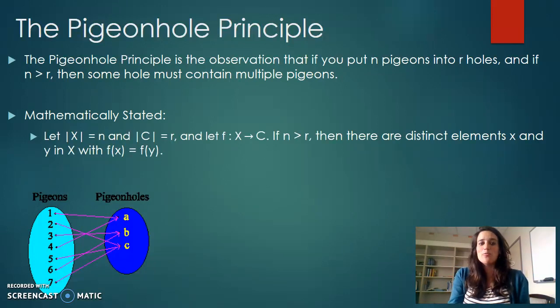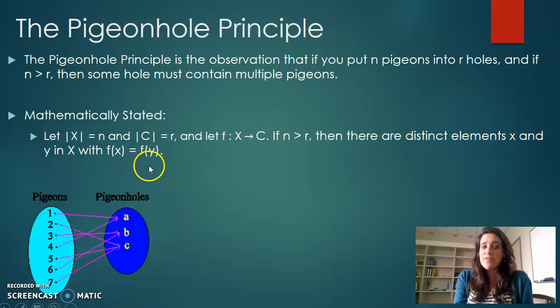Mathematically stated, we're saying let the order of set X equal n and the order of set C equal r, and let f be a function that goes from X to C. If the order of the domain X is greater than the order of the codomain C, then there are distinct elements x and y with f of x equal to f of y.